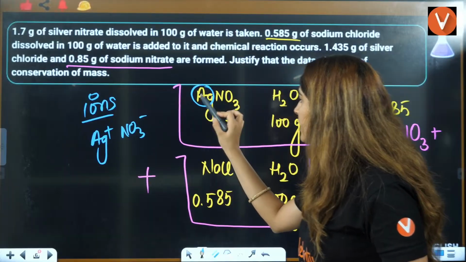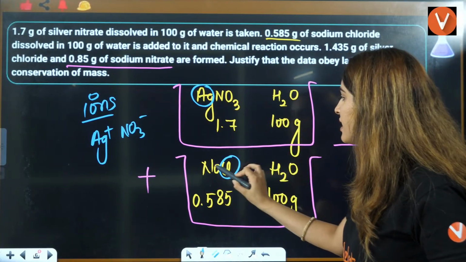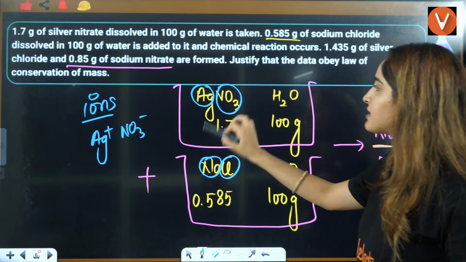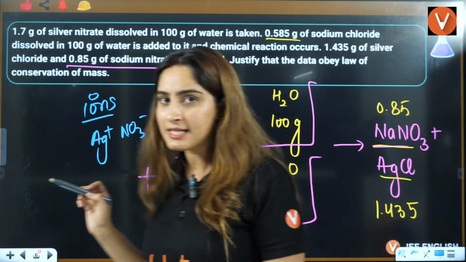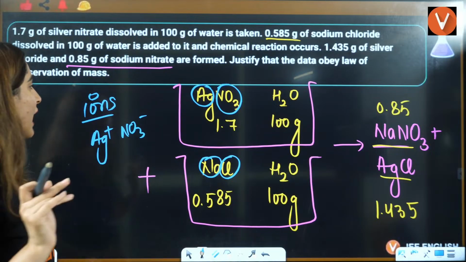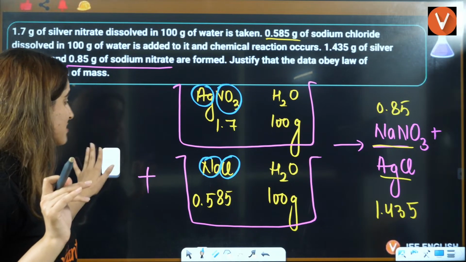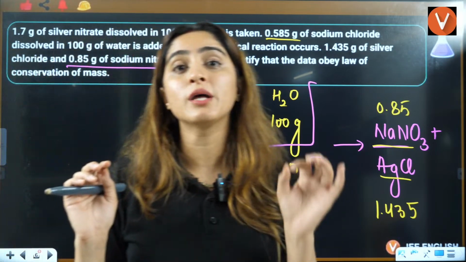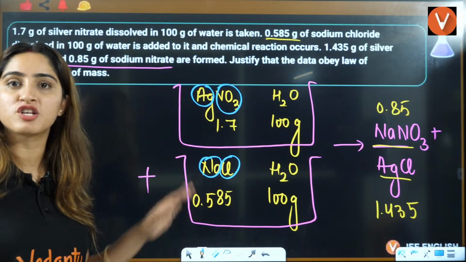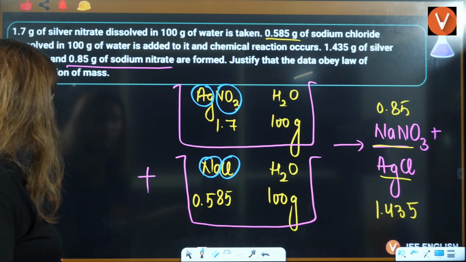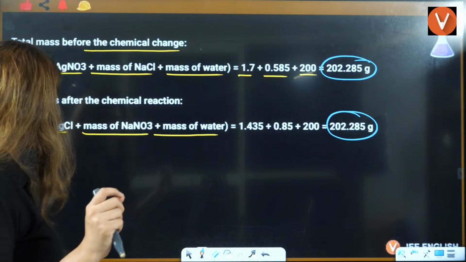This Ag is combining with this Cl, this Na is combining with this NO3, and that's how you have the product side. But for that, you need to know the valencies of the ions that I taught you in the basic foundation lecture. So that's why I taught that lecture before starting the actual chapter, right?